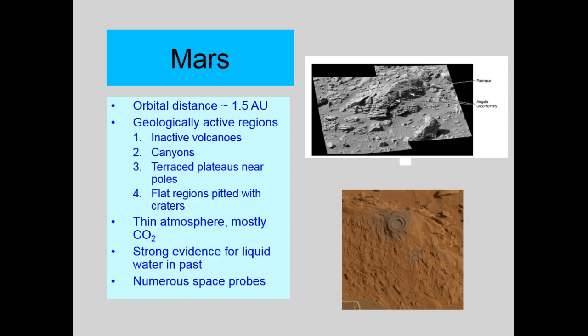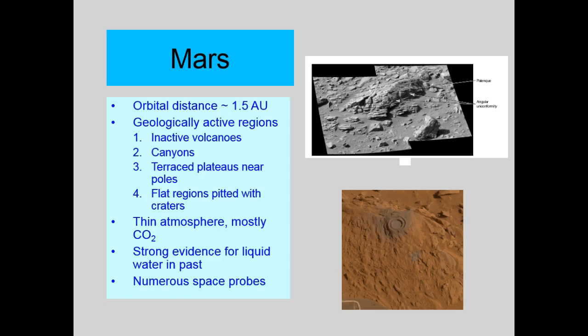But once you get to Mars, it's 1.5 times. So if this is Sun to Earth, Mars is out here, way further, 1.5 times as far. Okay, so about 1.5 astronomical units.